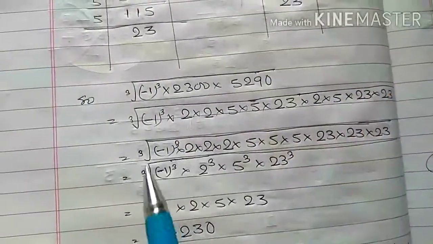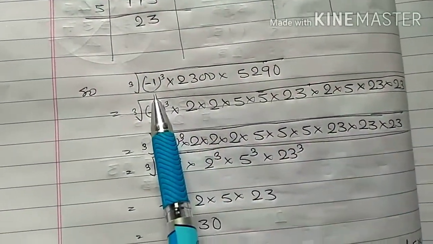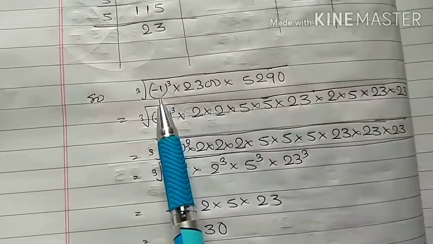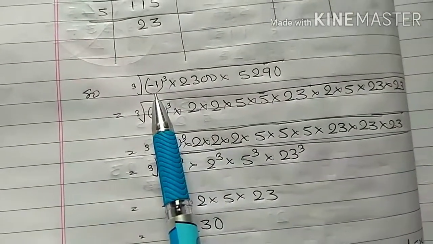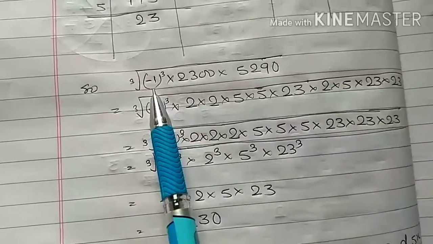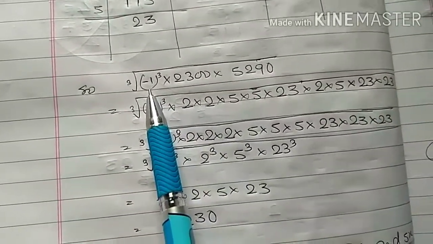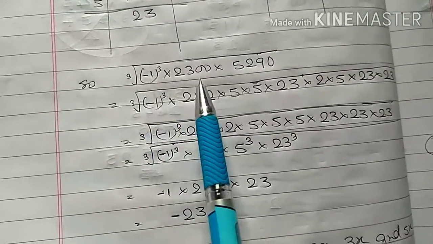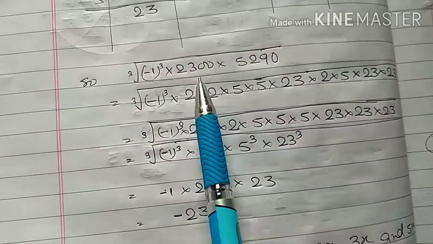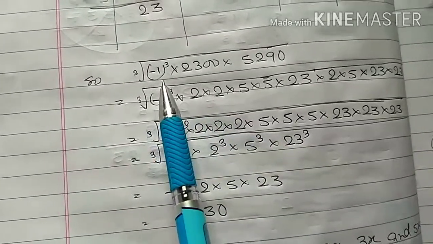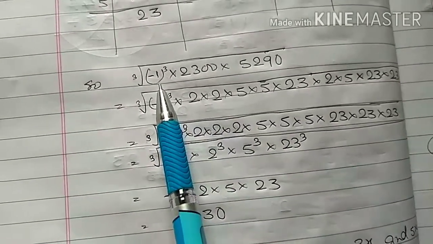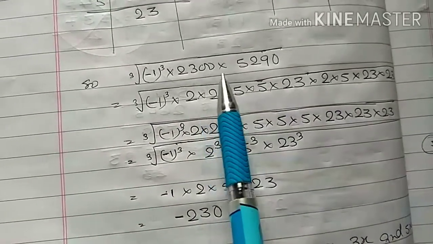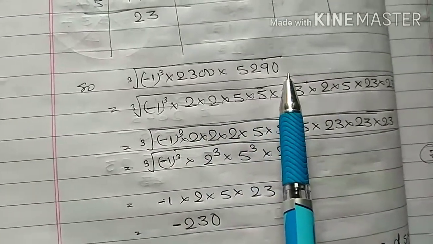So as we discussed in previous questions, we can write minus 2300 as minus 1 to the power cube, because minus 1 to the power cube is equal to minus 1. So minus 1 into 2300 is equal to minus 2300. That's why I have taken separately minus 1 to the power cube into 2300 into 5290.